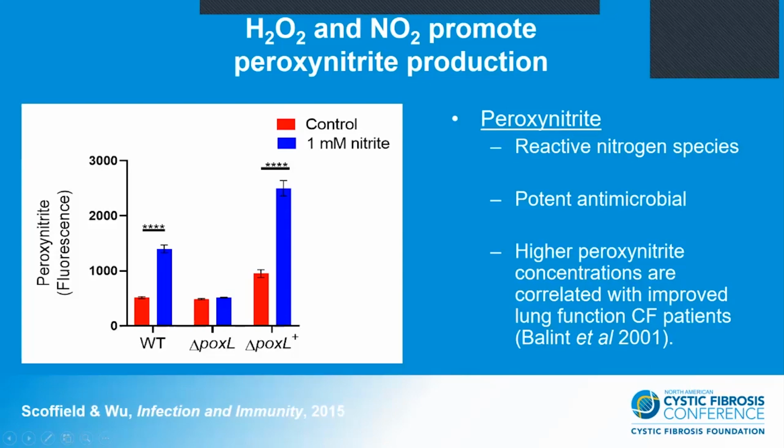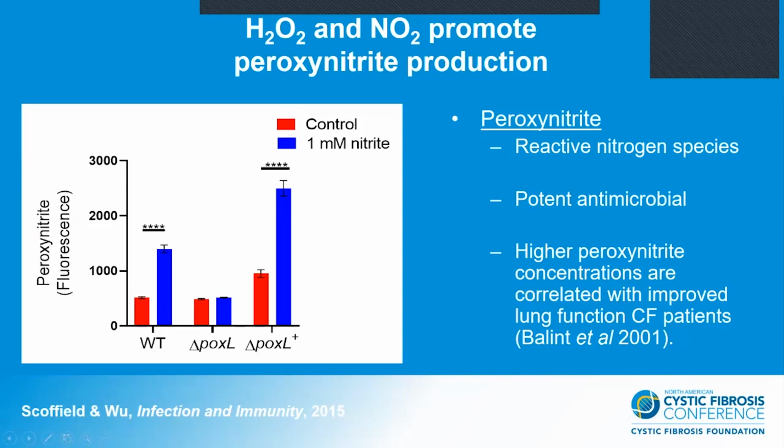And so here we measure peroxynitrite in wild-type Strep parasanguinus, in the POXL mutant, and the POXL complemented strain in cultures that had no nitrite and cultures that had 1 millimolar nitrite. So as you can see, the addition of 1 millimolar nitrite dramatically increased the production of peroxynitrite. And as I mentioned before, peroxynitrite is a reactive nitrogen species that has potent antimicrobial activity.